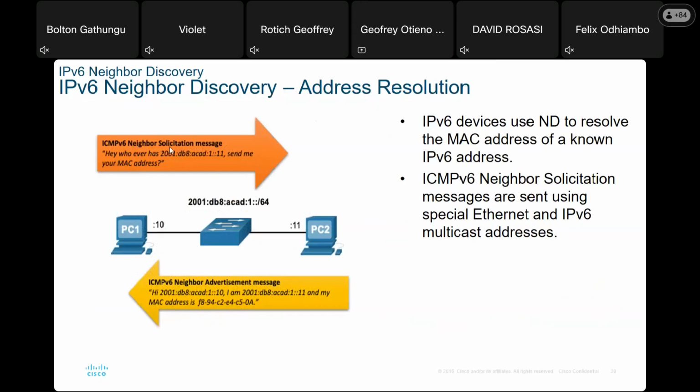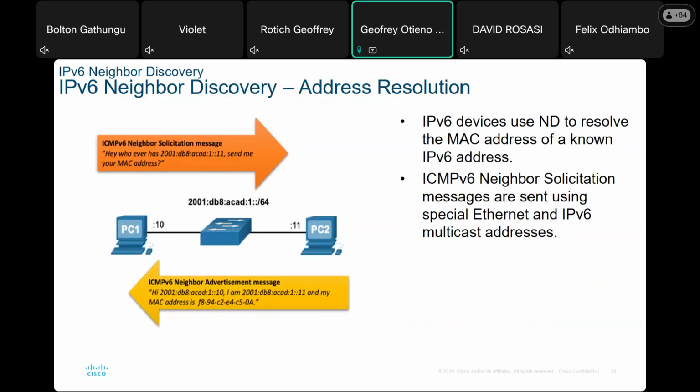So we have NS and NA. NS is the neighbor solicitation message. So, hey, whoever has this IPv6 address, 2001:db8:acad:1:11, send me your MAC address.